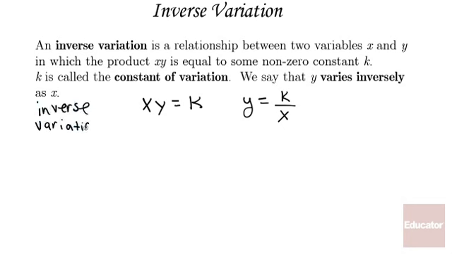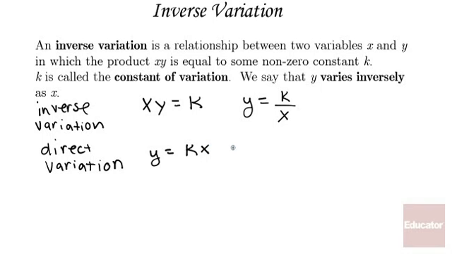And just to make sure you're clear on the difference between inverse variation and direct variation, in direct variation, we have the relationship y equals kx, which could also be rewritten such that y over x equals k.